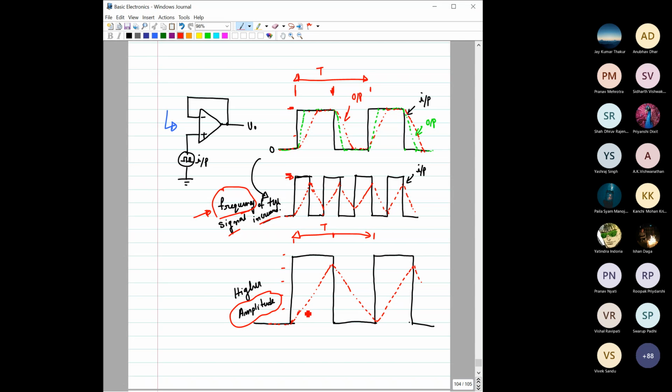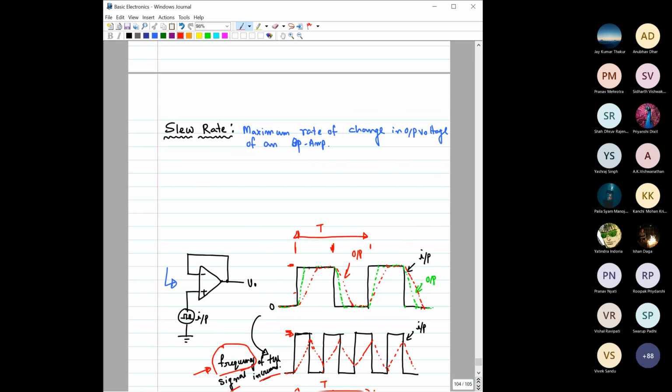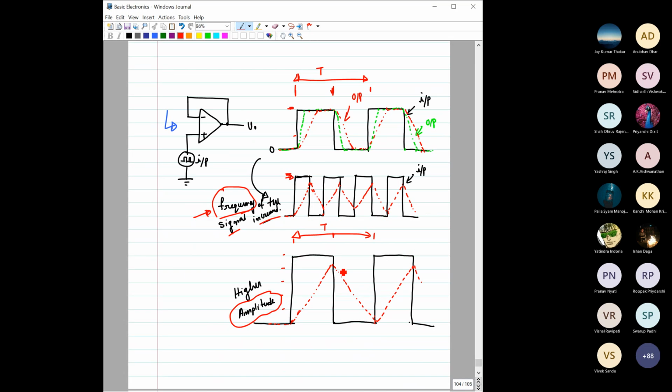So that means the output cannot change beyond this slope, right? So then what would be the unit of this slew rate? This is the maximum rate, the rate at which it is changing. So we can also say this is the slew rate, because this is the maximum rate.